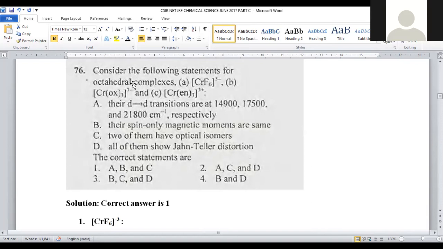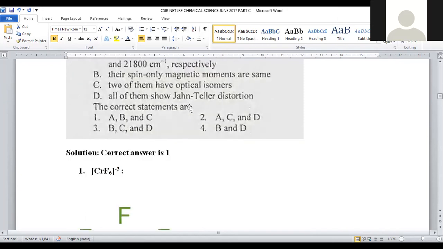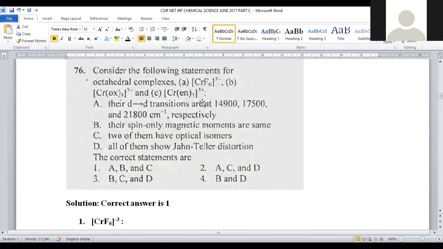So let us see what are the statements which are relevant with these 3 complexes. In all 3 complexes, a d3 system is there, so vacant sites are available, so they conveniently participate in d-d transitions. In the octahedral field, t2g will be the lower level, eg will be the higher energy level. Triply degenerate to doubly degenerate energy transition is possible.